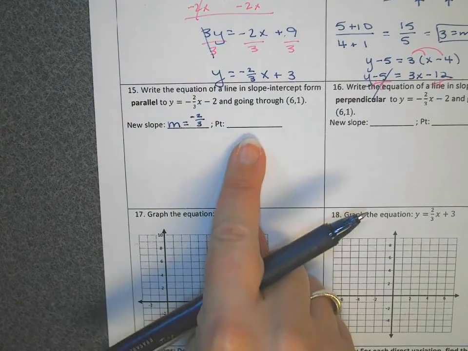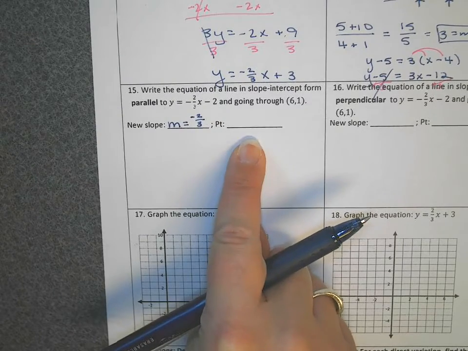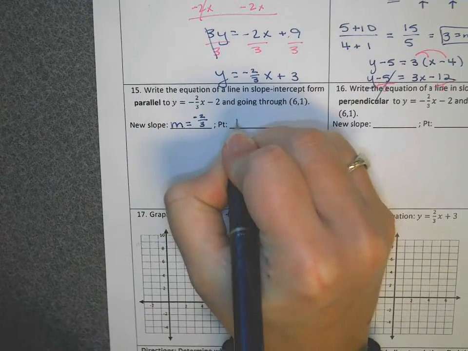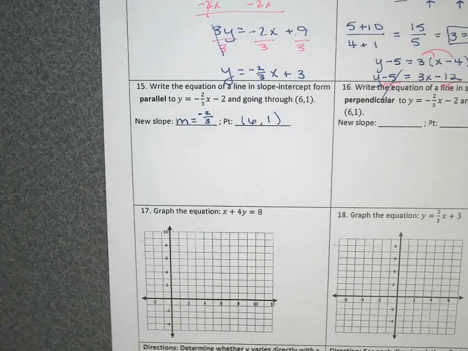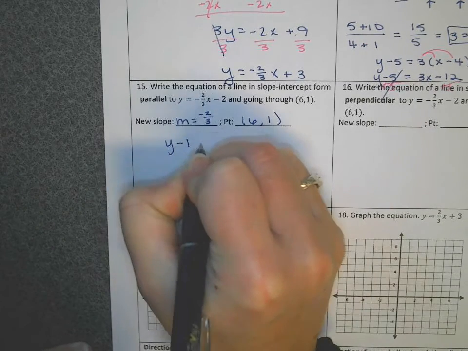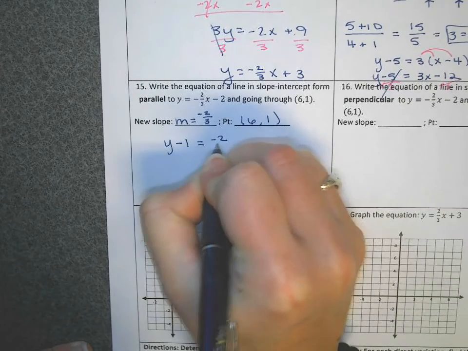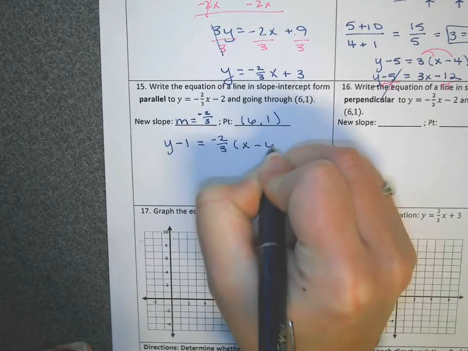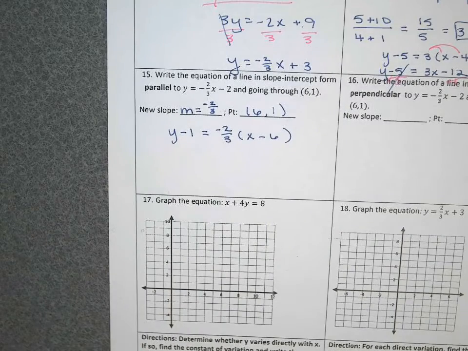What point does it say it has to go through? 6, 1. What form can I write this in if I have a point and a slope? Point slope form. Y minus 1 equals -2/3 times x minus 6. I wrote it in point slope form. Is it asking for point slope form? No, it's asking for slope intercept form.